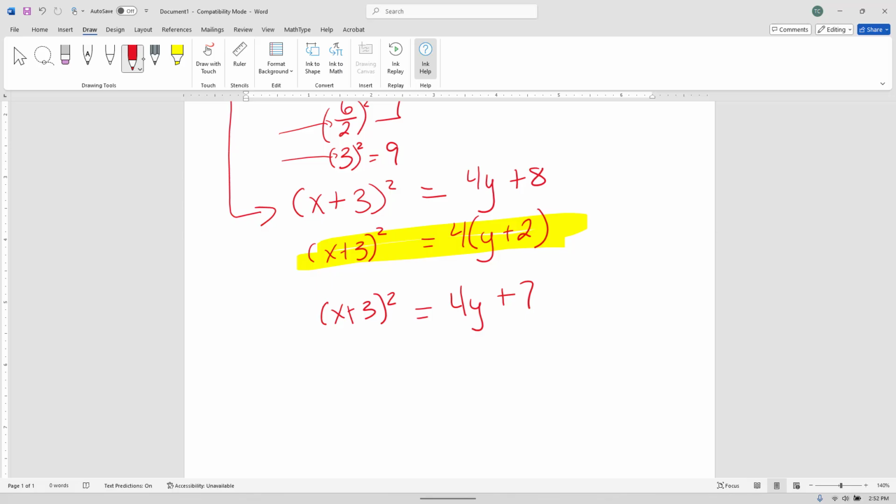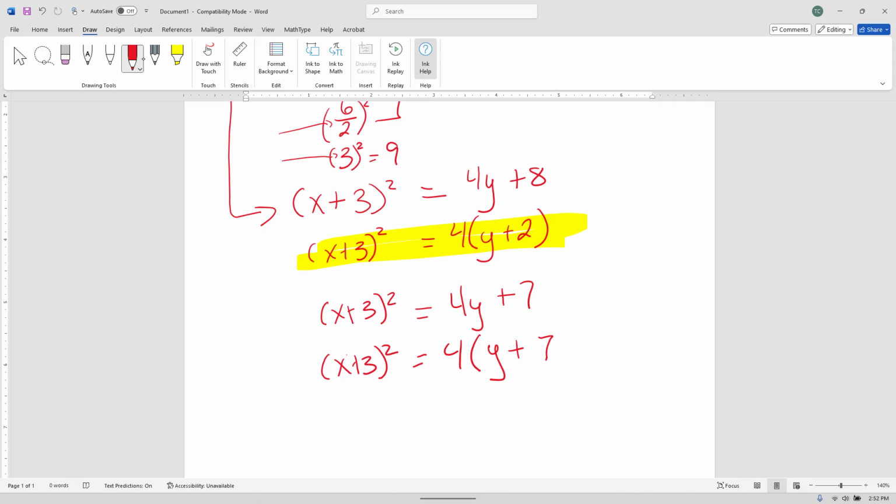I can't factor out the 4 evenly, but you still can. Let's do it, I'll show you. I put the 4 on the outside. 4 times what is 4y? y. Now here's where it becomes tricky, but it still can be done. 4 times what is 7? Now it seems harder than it is. Put the 7 in there.